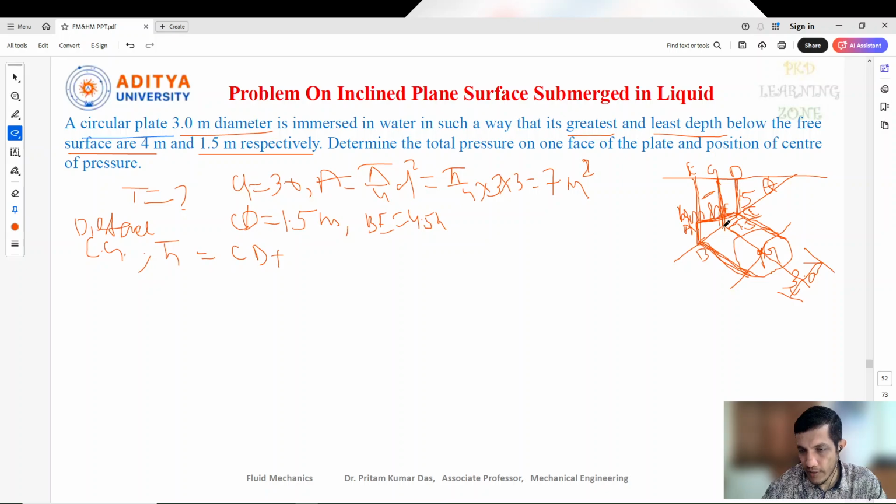Now next to this point, EGFH. Suppose H is there. So from F to H, how much will be there? This one you can write in terms of theta. Similarly from here H to C, we can write HC sin theta. Now what we can write, CD equal to, CD is nothing but GH.